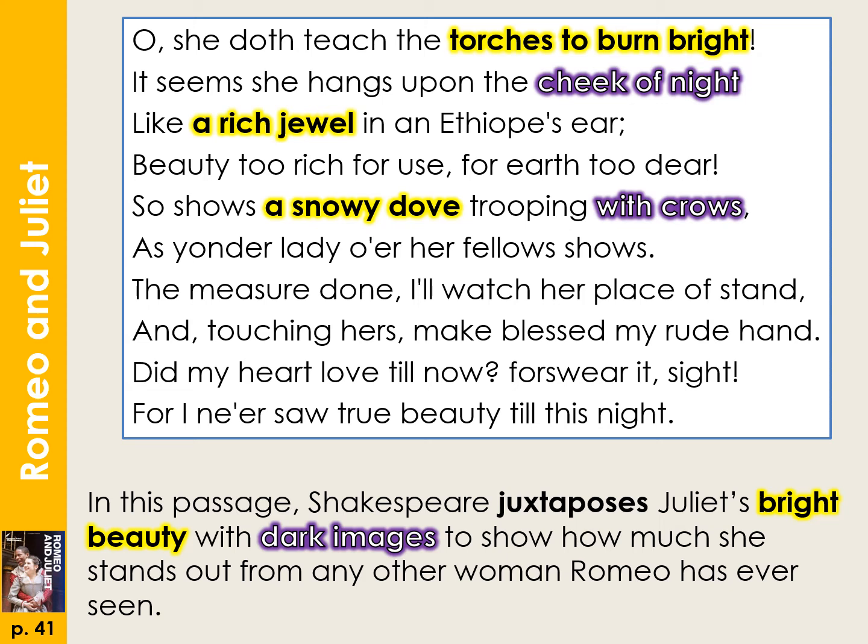In this passage, Shakespeare does something called juxtapose. He juxtaposes Juliet's bright beauty with dark images to show how much she stands out from any other woman that Romeo has ever seen. Make sure you've made a note of those images of darkness because we're going to think about those in the next slide.